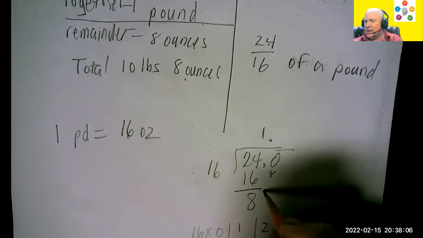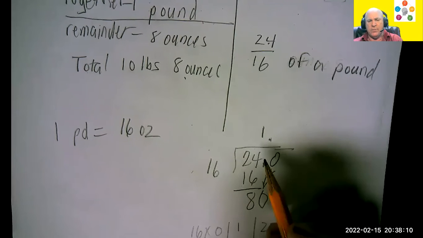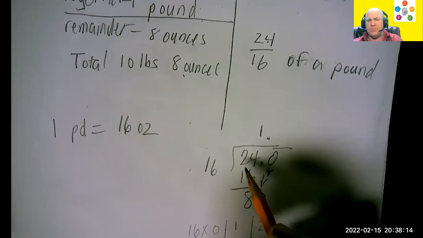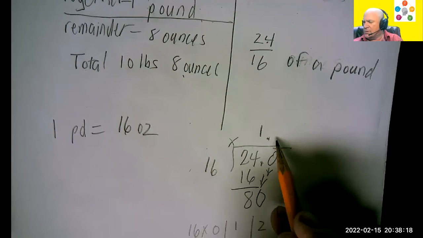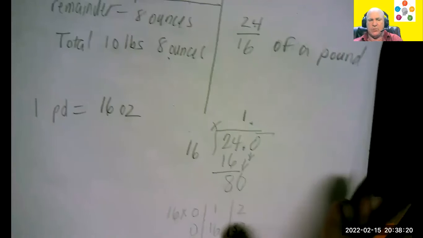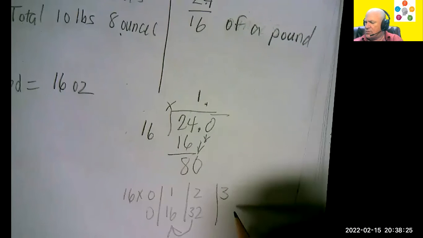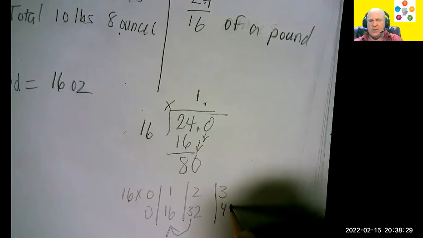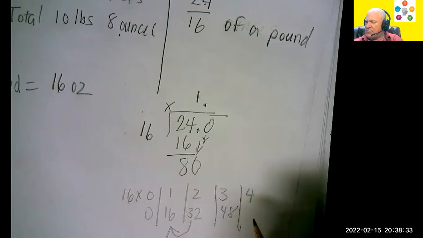And I have a saying that when you're doing long division, when you drop, go back to the top and you multiply 16 times something else until you get to 80 or higher. So 16 times 3 is 48. 16 times 4 is 64.